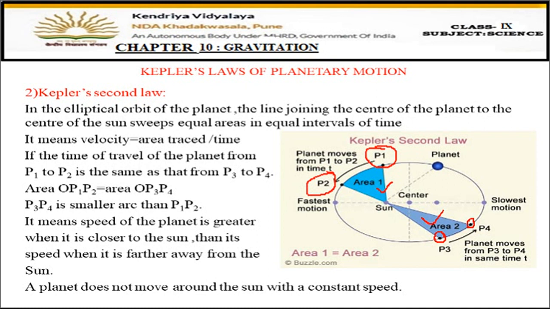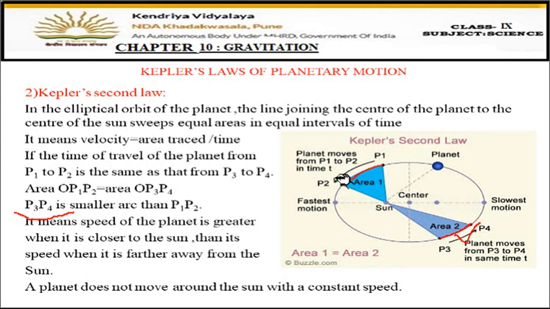This clearly shows that equal distance is covered in equal intervals of time. But now you can see here the arcs P3, P4 and P1, P2. This is one arc and this is another arc. By the diagram you can see that the arc made by P3, P4 is smaller than the arc P1, P2.